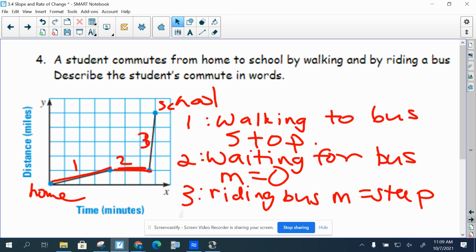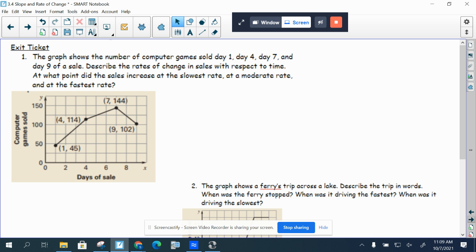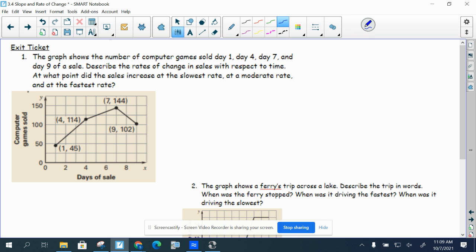Do it just like we did with the other one. Just do the first one for now, okay? I'll give you maybe 5 minutes to do the first one. Remember, you should have 3 different slopes and with description. So increasing, decreasing, section 1, 2, 3. It's computers sold per day.